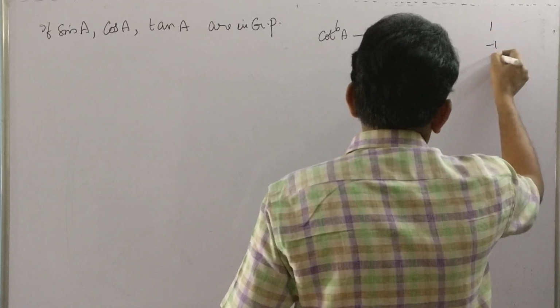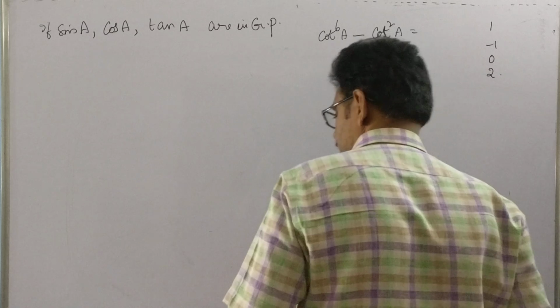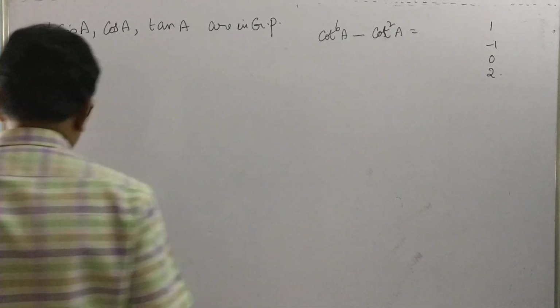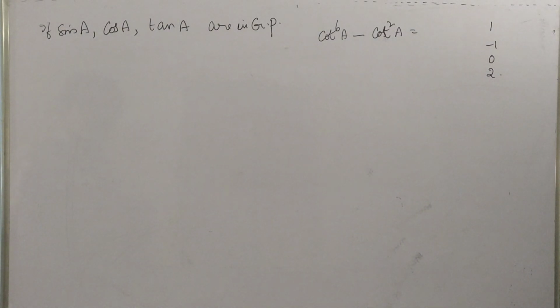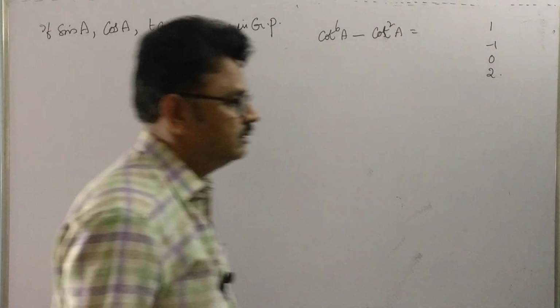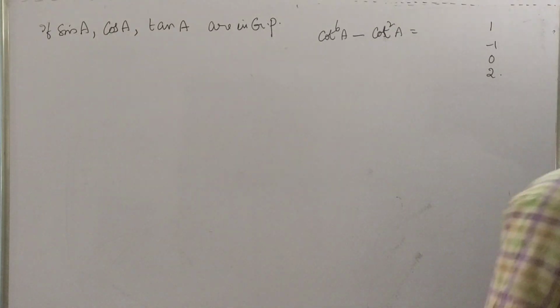The options are 1, minus 1, 0, 2. Sin A, cos A, tan A.